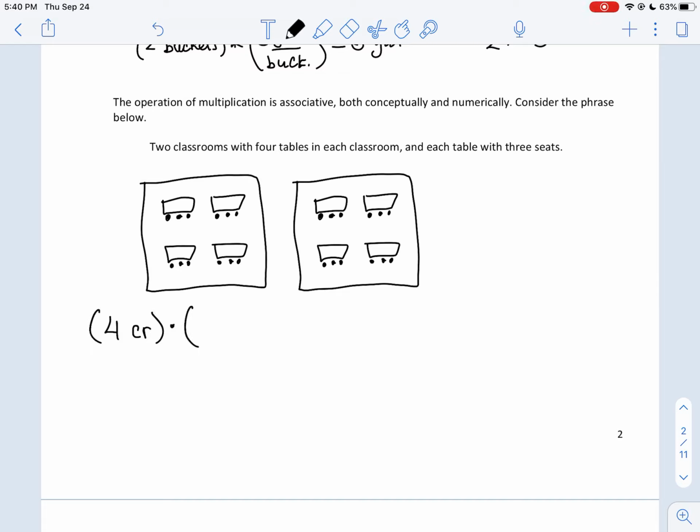We have 2 classrooms. 2 classrooms times 4 tables, I do capital T per classroom, times 3 seats, I do S per table, 3S per T. This sort of has the flavor of having 2 different multiplicands because they're both rates. Notice a table per classroom and a seat per table. And 1 multiplier, 2 classrooms.